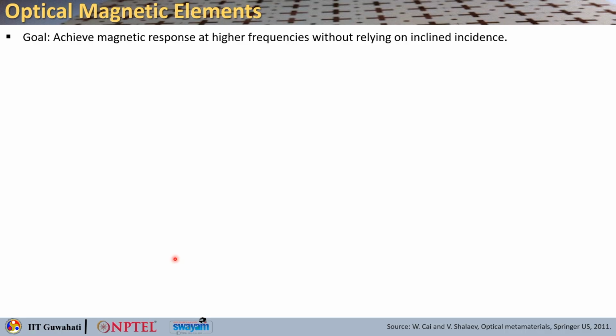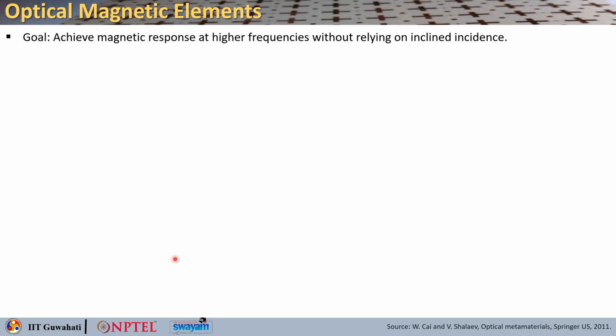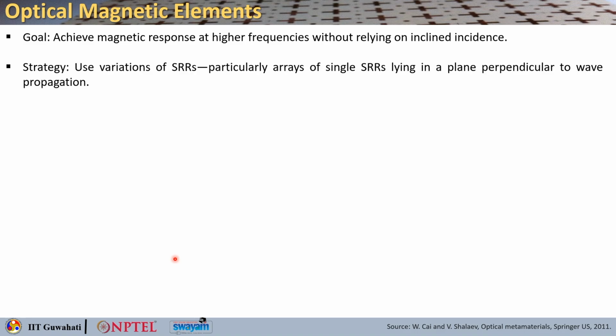In order to obtain a metamaterial response for the magnetic permeability at higher frequency, without playing the trick of inclined incidence, which we have seen earlier for the terahertz metamaterial, different variations of the split ring resonators can be used, and that is what people have seen.